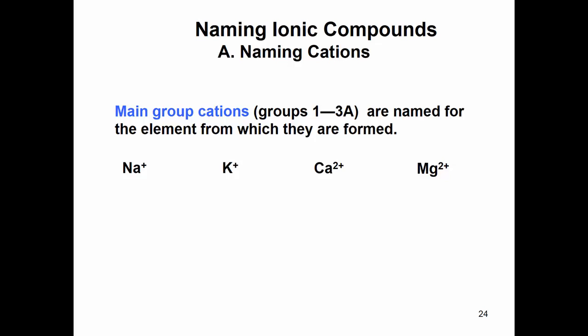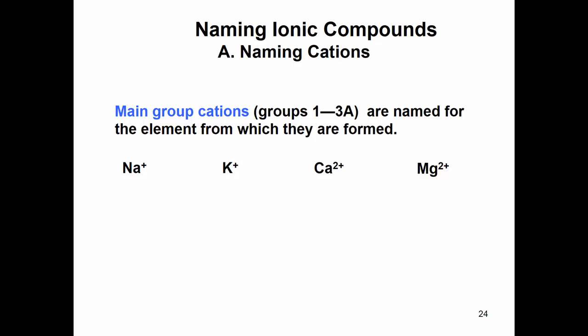This video is on how to name ionic compounds, but we are only going to focus on naming when we're looking at our main group cations or metals. We know that ionic compounds are when we have a transfer of electrons between a metal and a non-metal. The metal forms a cation, so often you'll see cation just represents the metal.